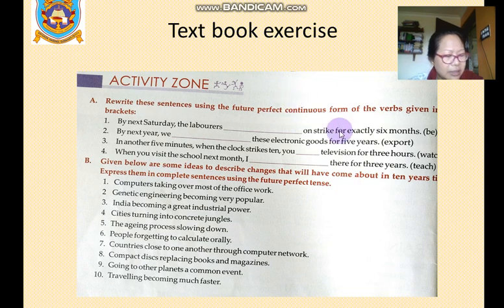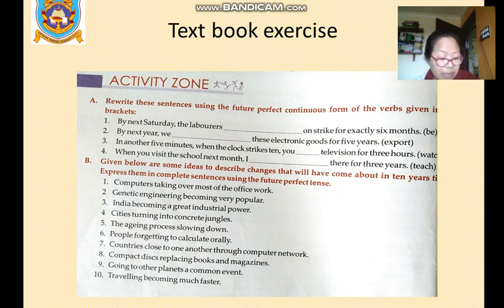Computers taking over most of the office work. If we reframe this sentence in future perfect tense, it will be: computers will have taken over most of the office work. Then genetic engineering becoming very popular.